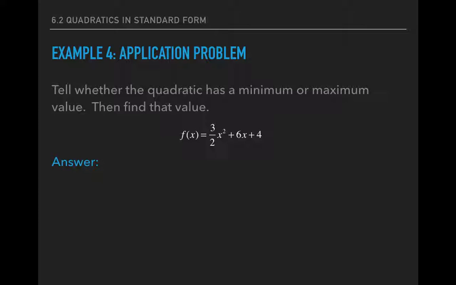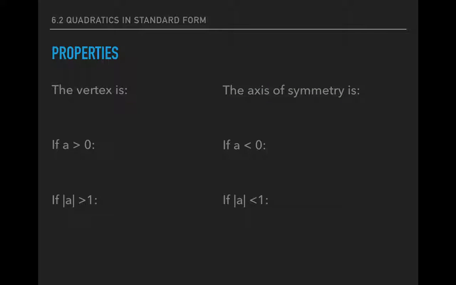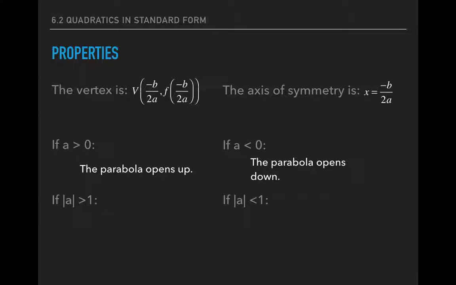Okay. Back here in the properties, there it is, we said that you're going to have a parabola opening up if it is an a value greater than 0, and a parabola opening down if your a value is less than 0.